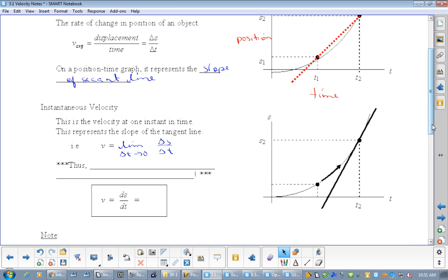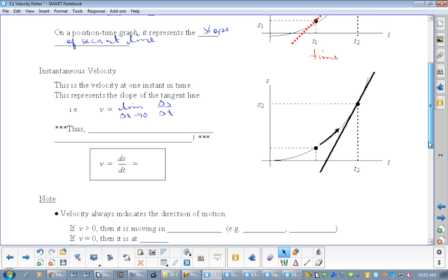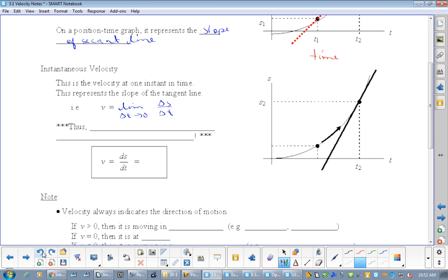So velocity is ds over dt, or S prime. Thus, velocity is the derivative of a position time function. So V equals ds over dt, or S prime of t.